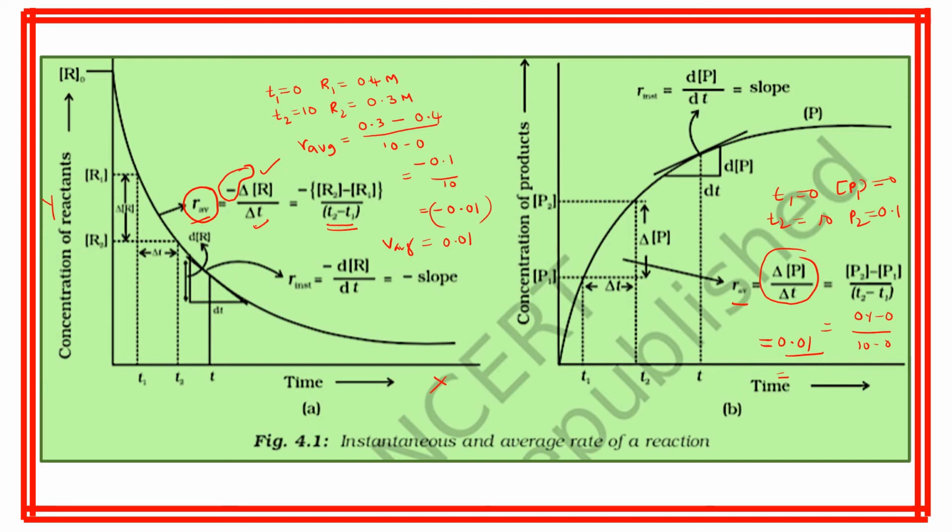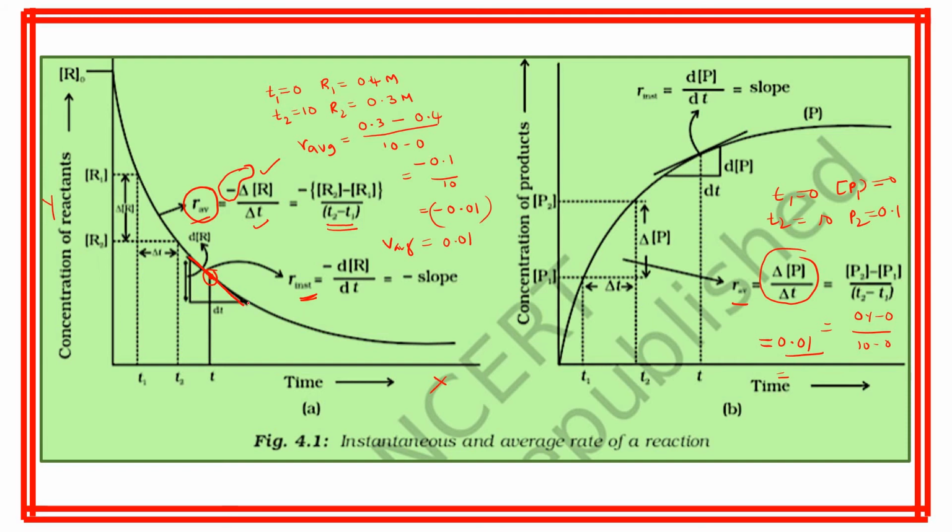Now what about the instantaneous rate? Instantaneous rate means, see, at this point I want to calculate the instantaneous rate of reaction. So what you have to do, at this point you have to draw a tangent line like this. Now calculate the slope.